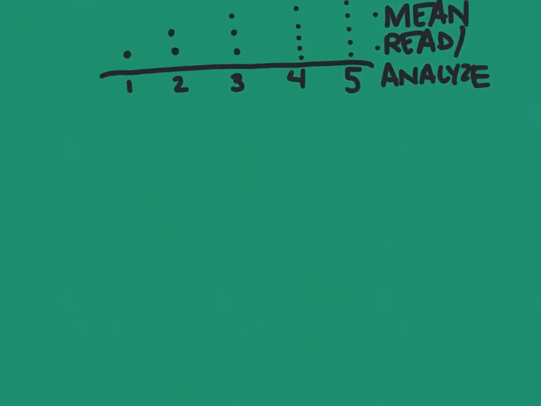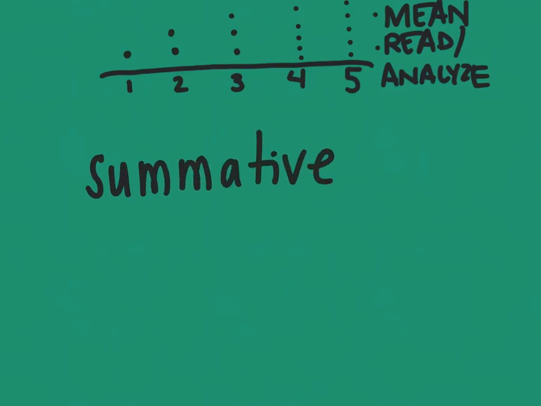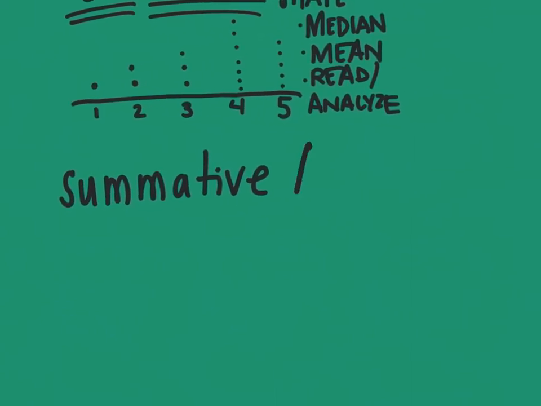Also, I want to give you a heads up. At the end of our unit, if you look at our unit map, we have what we call a summative assessment. And that summative assessment is going to test everything that you've learned so far for this unit. So when we are all said and done, we are going to be testing on 4 different things.